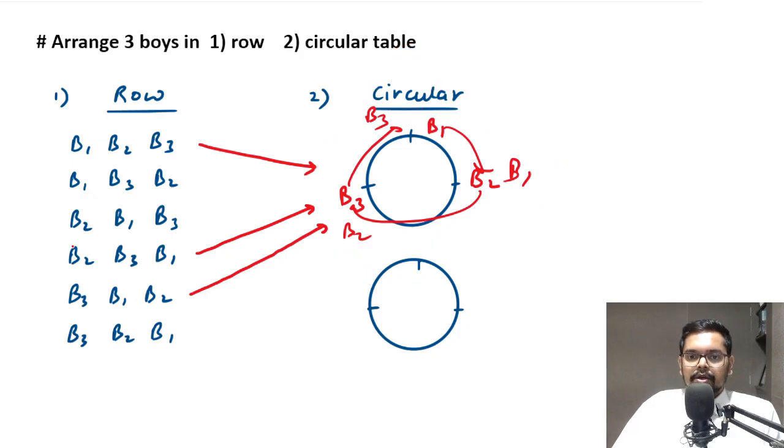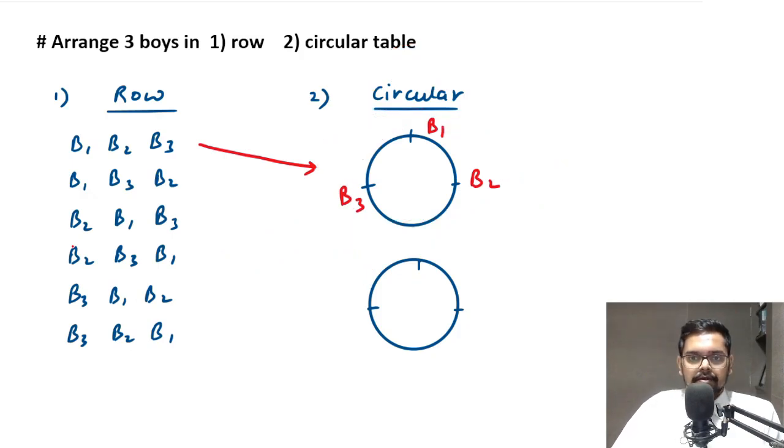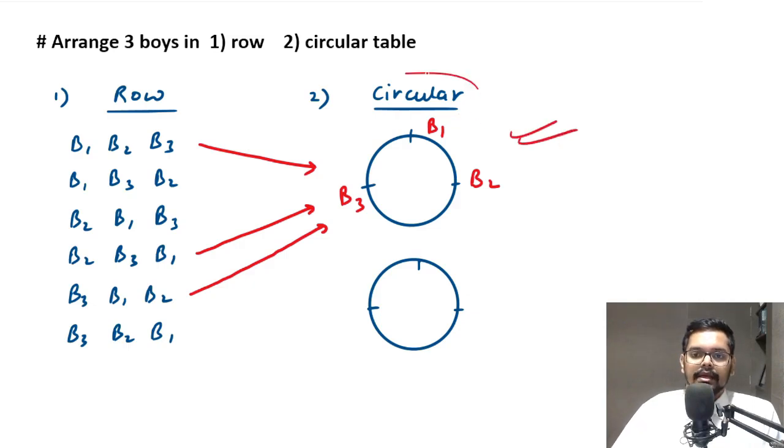Understood? So these 3 cases make one case in circular permutation. I hope you got the idea. So in circular permutation, fewer cases are there compared to linear permutation.